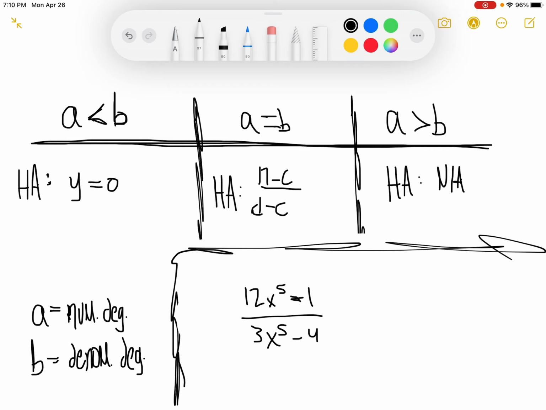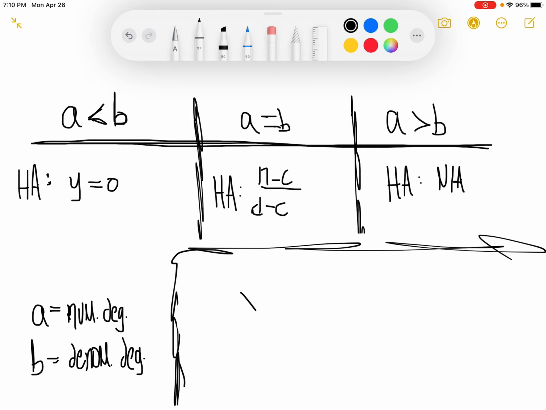A is 5, because that's the degree. And same thing for B, it's also 5. Since they're equal, the horizontal asymptote is the numerator coefficient divided by the denominator coefficient. So 12 divided by 3, which means 4. So the horizontal asymptote is 4. Pretty simple. Okay, now let's look at a different one.